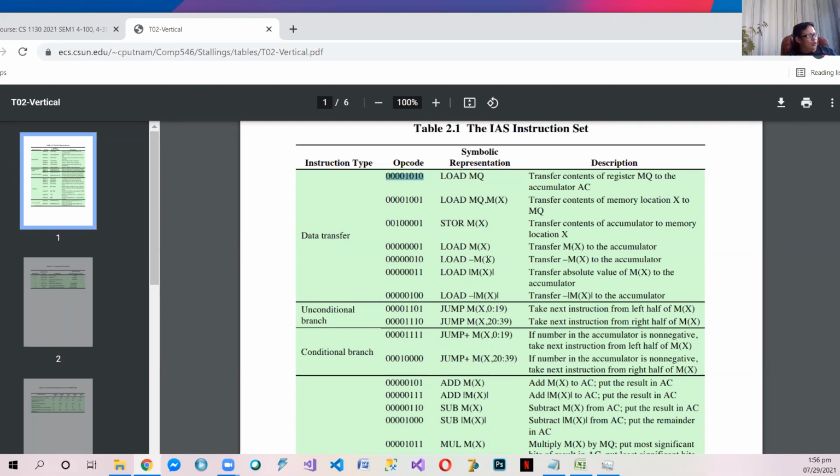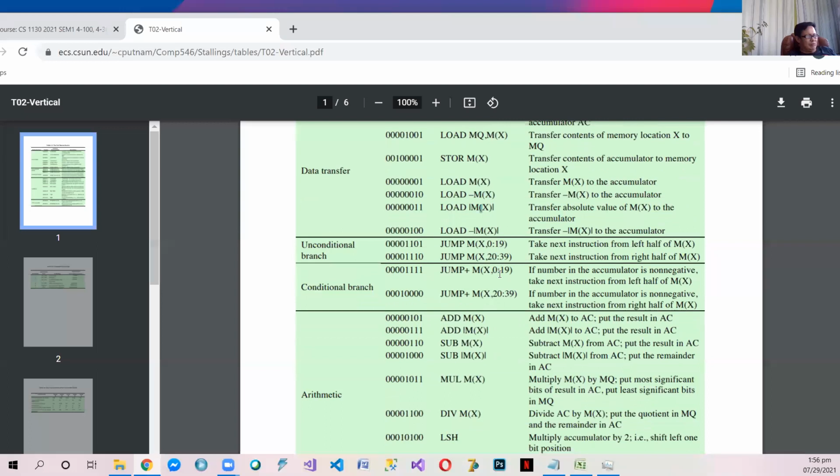We have special loads, no? Meron tayong load minus MX, which means that the value is converted into negative first. We also have load absolute, which means that whether the content in memory is positive or negative, the sign is removed. We also have load negative absolute, which means that it will force convert the value in memory into negative.